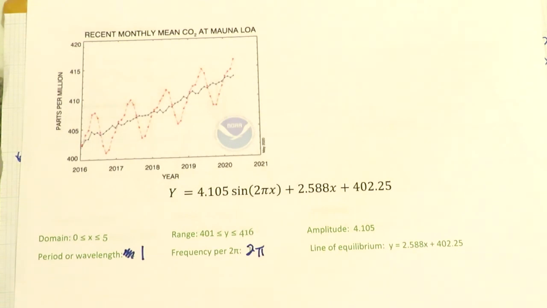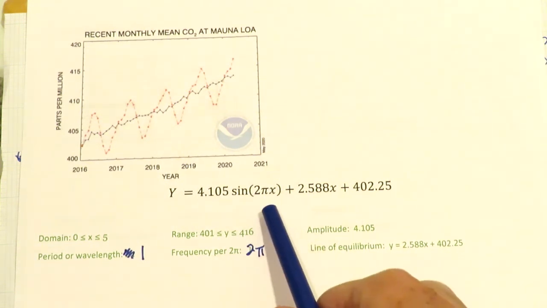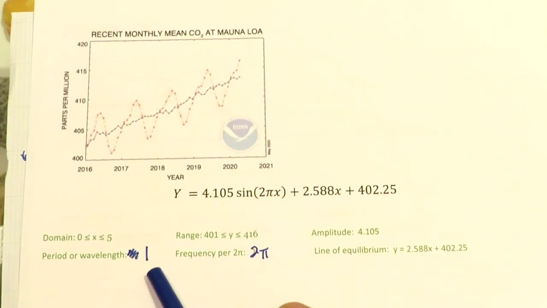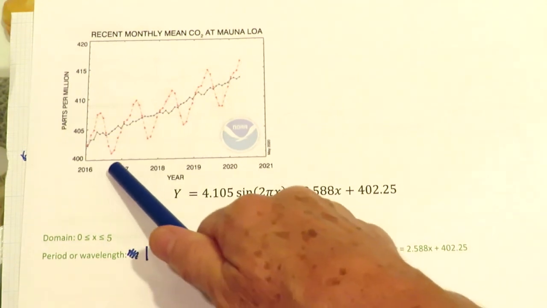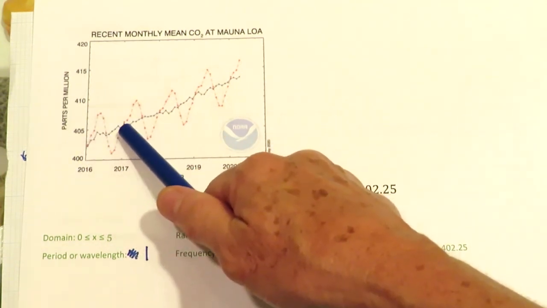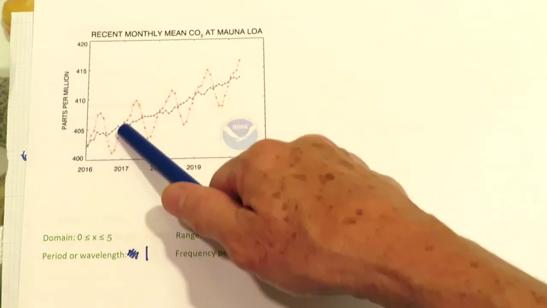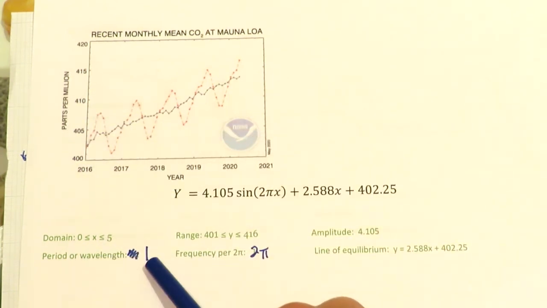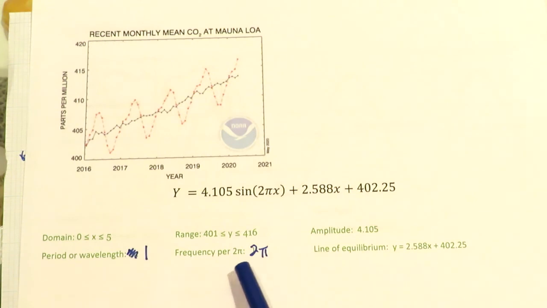So the wavelength is 1 year, and the frequency per 2 pi is this number 2 pi. Mainly it was the wavelength that helped us figure out what that frequency was. Every year we're getting this spike and dip, so every year you're getting one wave. So the wavelength was 1 and the frequency per 2 pi was 2 pi.